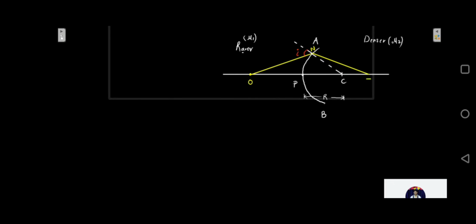So this is your image formed. Let us name it as I. So NI is going to be my refracted ray, and I is the image formed. After refraction this ray has bent towards the normal because it has moved from rarer medium to denser medium.